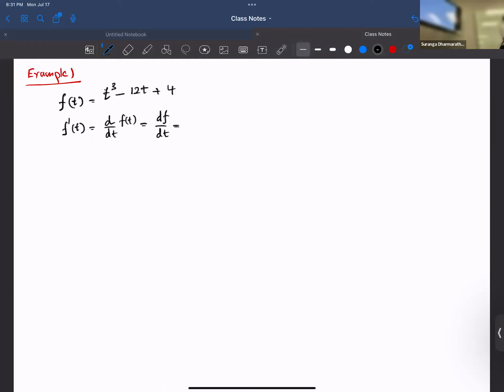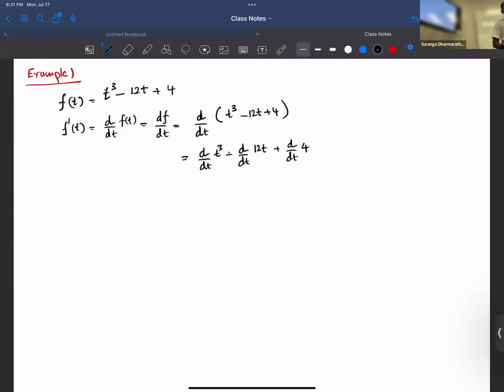Now t is the variable. So you can write the sum rule: d over dt of t cube minus 12t plus 4. According to the summation rule, d over dt t cube minus d over dt 12t plus d over dt 4.